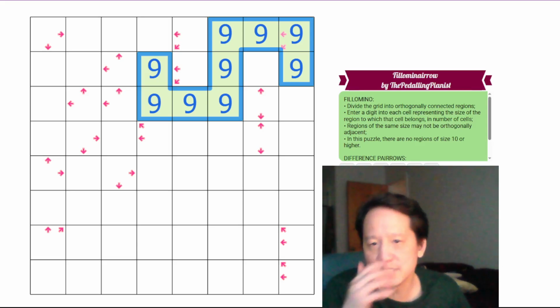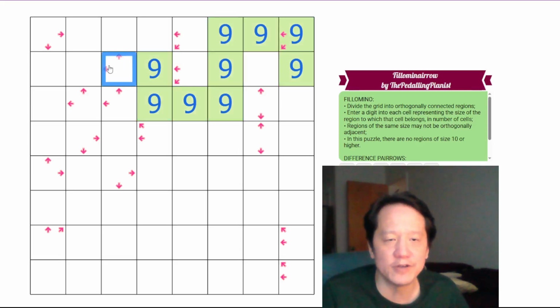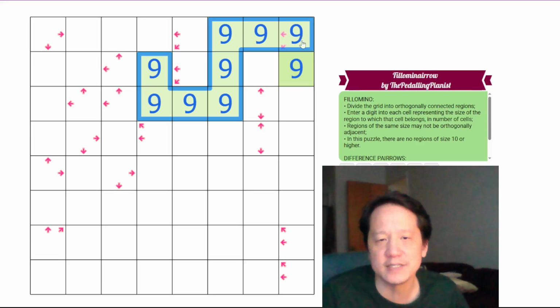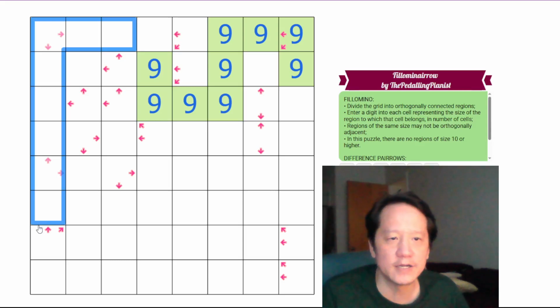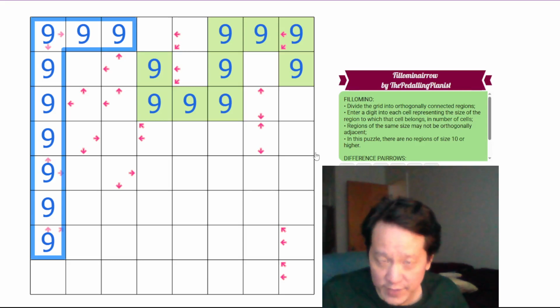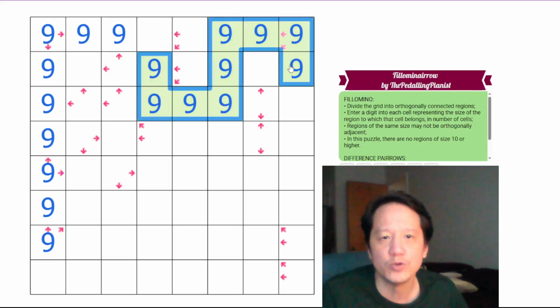That matches the size. Regions of the same size may not be orthogonally adjacent. So for example, you could not have another 9-cell region sharing an edge with any cell in this region. So you could have something like 9 cells here, and this would be valid because this is a different region and doesn't share an edge with this 9-cell region.